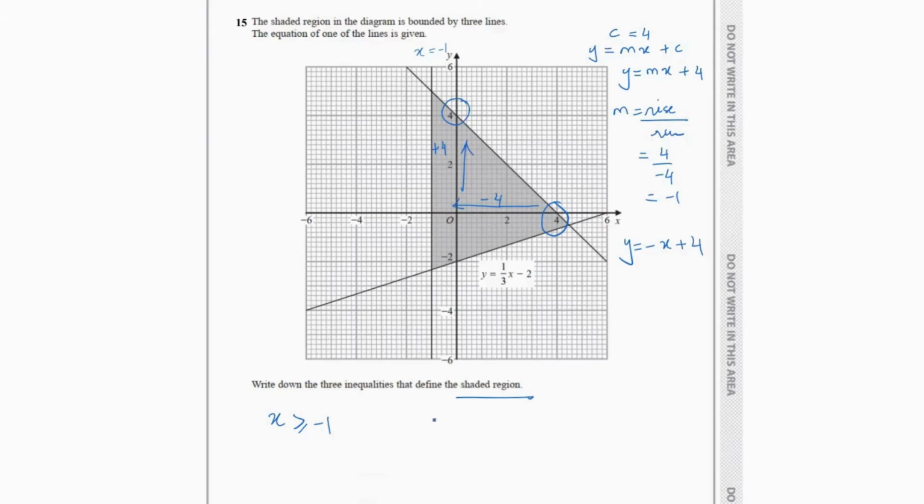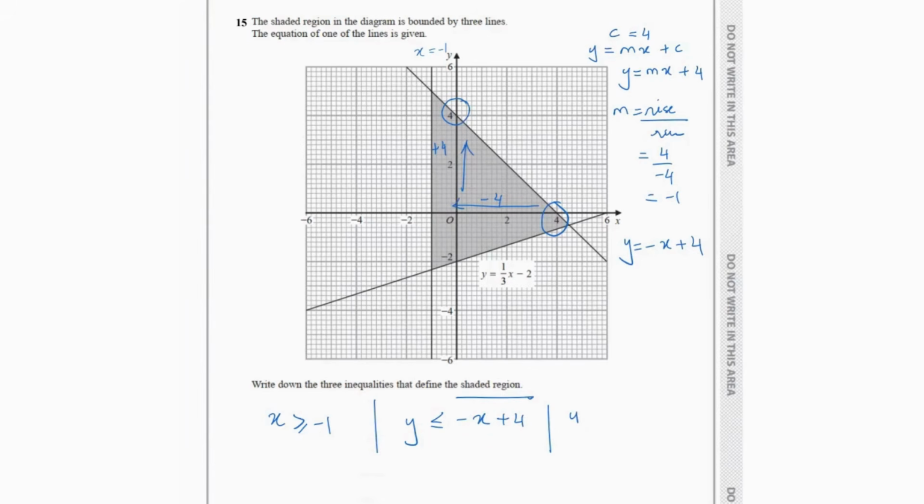Similarly, for y equals -x plus 4, the shaded part is underneath the line, which means the values of y are decreasing. So next is going to be y is less than or equal to -x plus 4. Then for the third one, y equals 1 over 3 x minus 2, the shaded part is above the line.